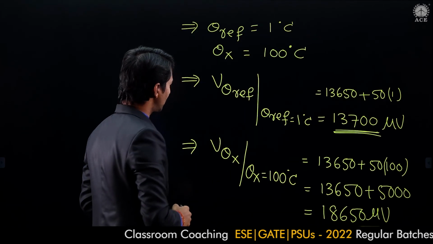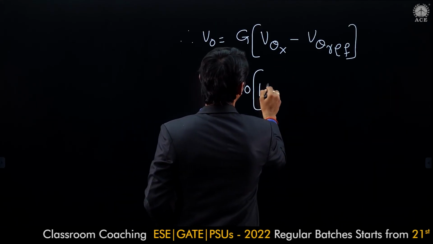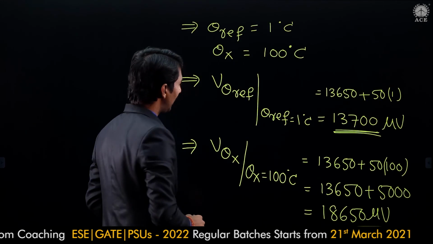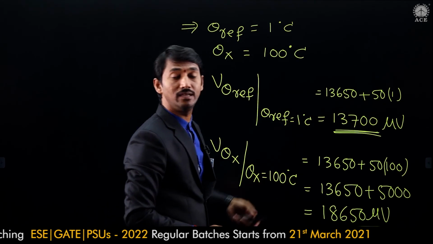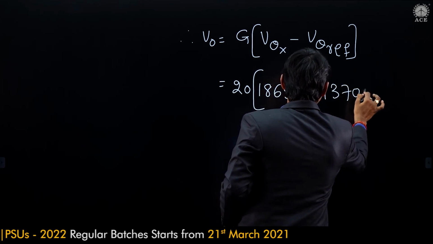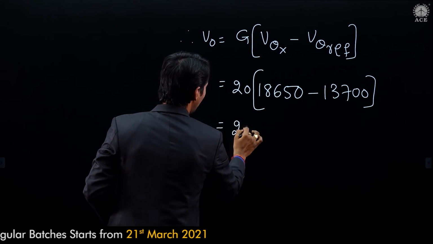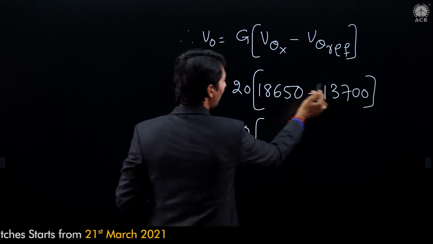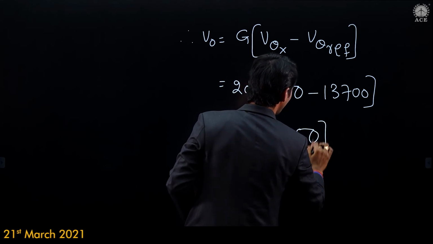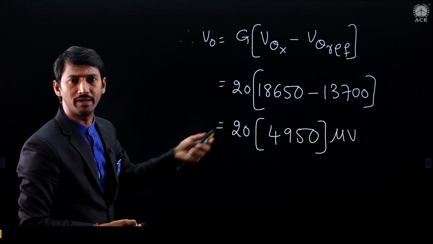Sir, what is V theta x? 18650, minus V theta reference, which is 13700. Now this is 20 into, what we are getting here, simply 4950 microvolt, because it is in micro.